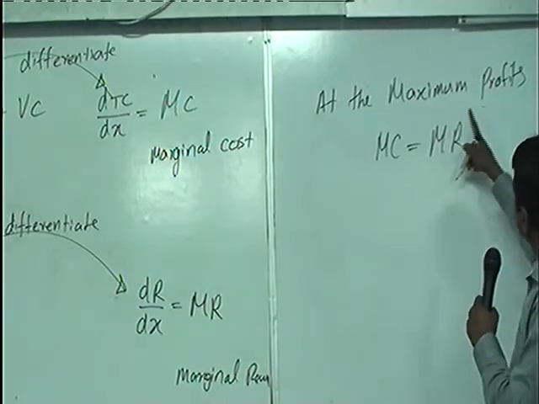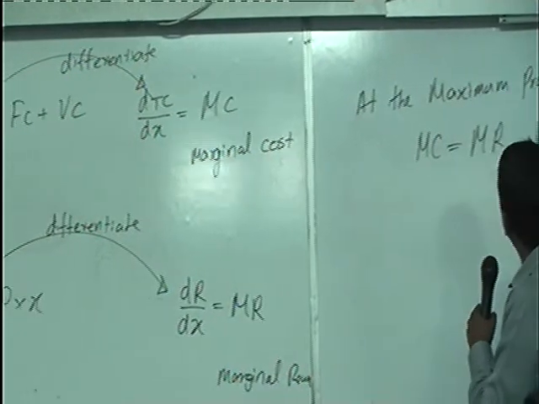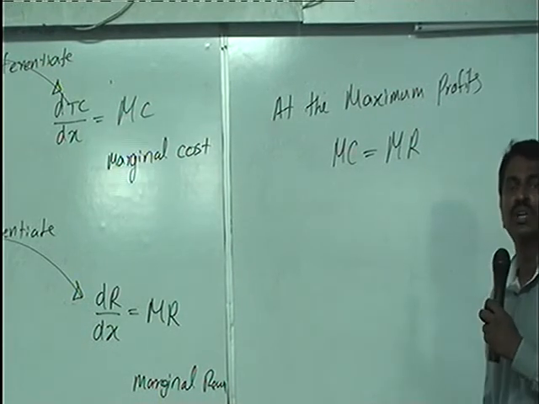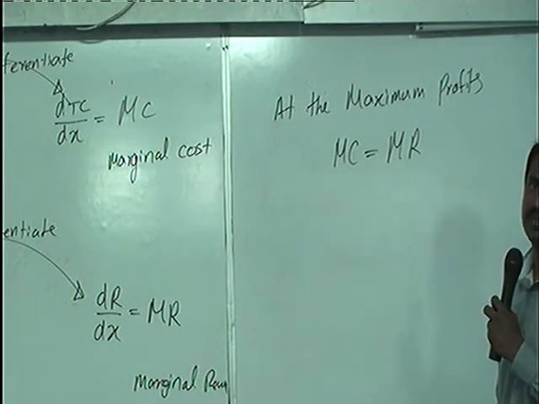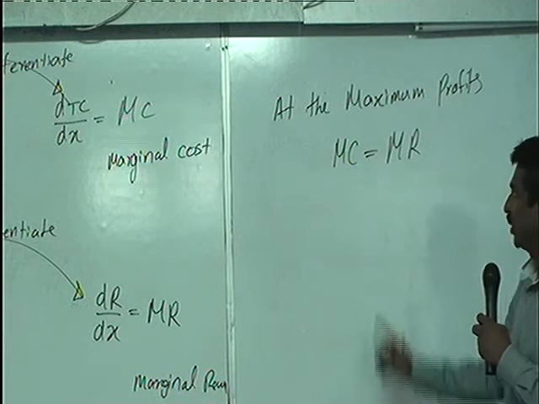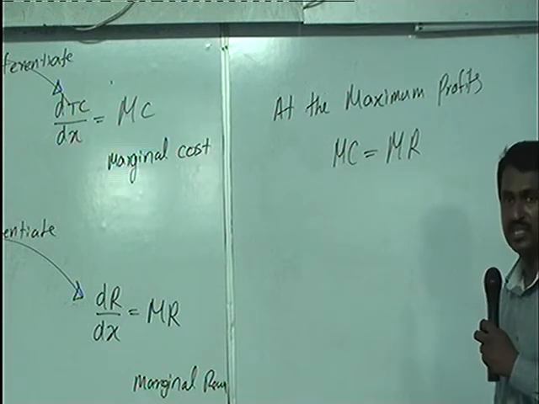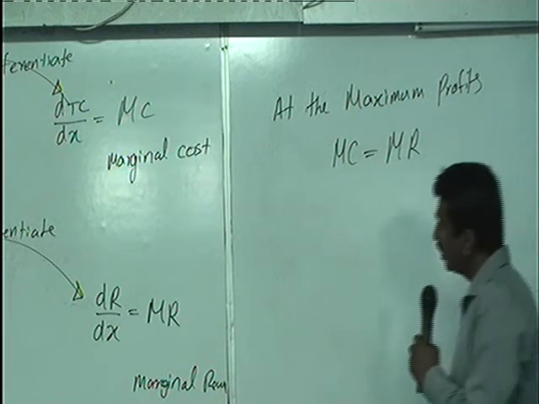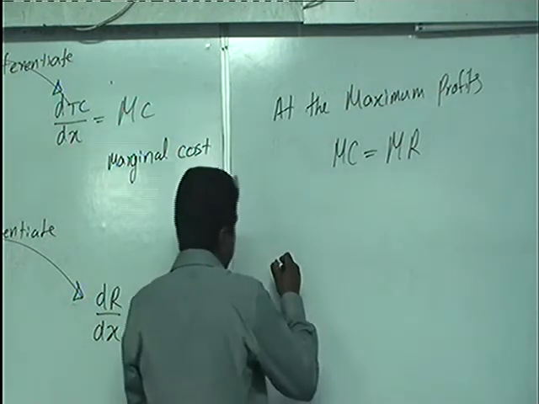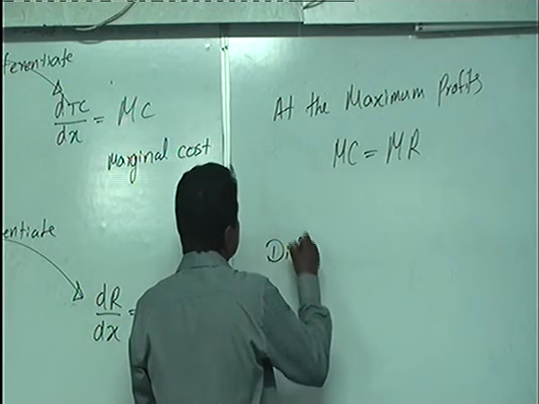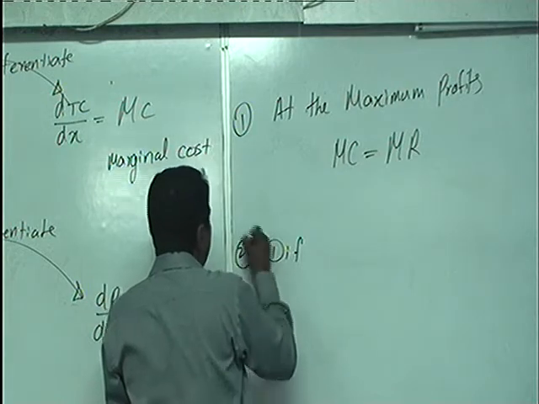At the profit maximization point, MC equals MR. From this you can calculate the quantity where the profit is maximized. Second one, the profit function. Differentiate. So this is the first one and this is the second one.